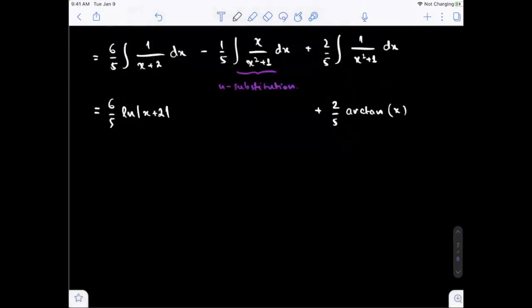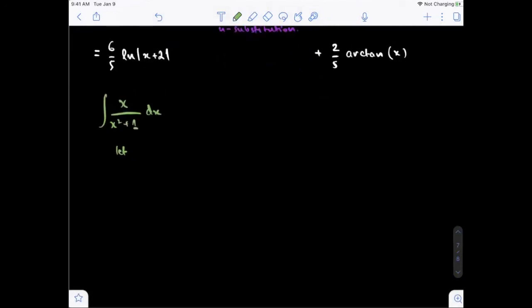So let me do the middle integral here. You have x over x squared plus 1 dx. Right. So once again, this is u substitution. Let u equal x squared plus 1. Therefore, du is equal to 2x dx. This is 1/2 du equal to x dx. The integral becomes 1 over u times 1/2 du.